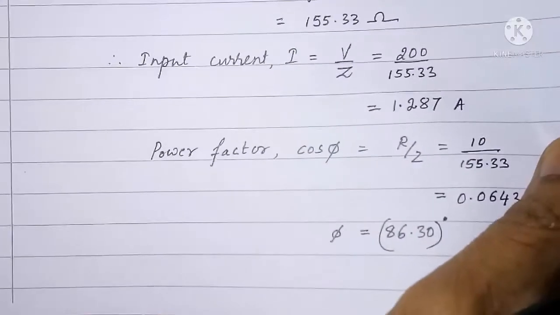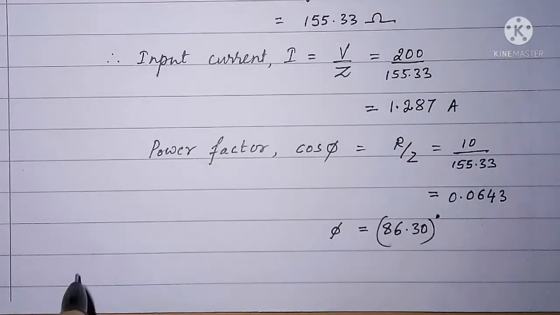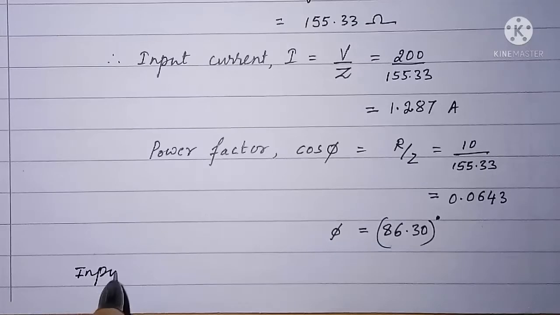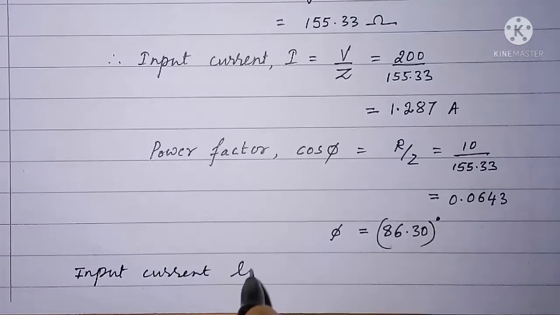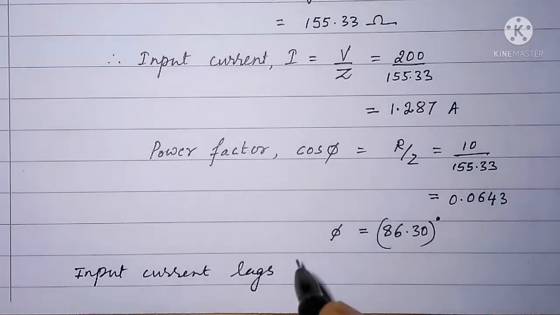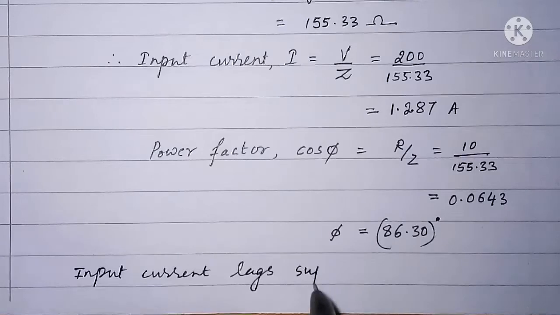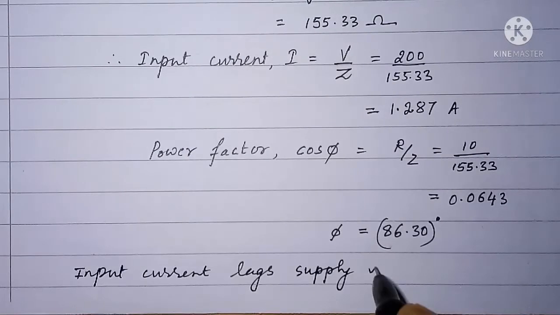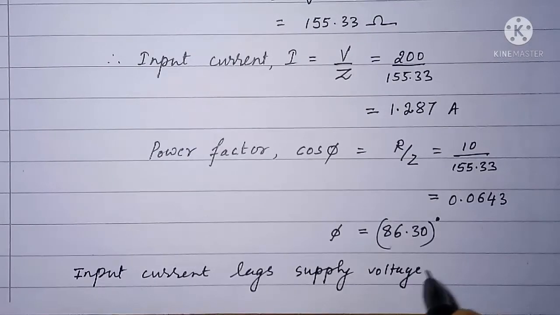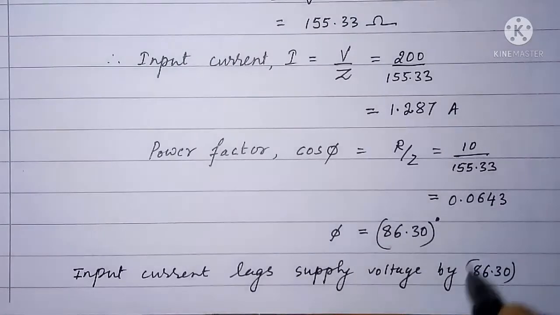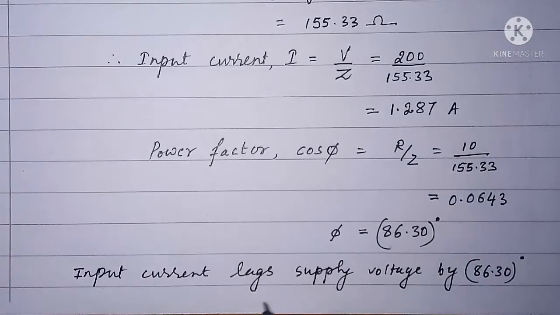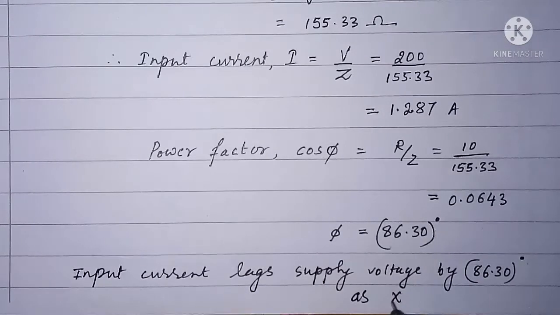So you can write here: input current lags supply voltage by 86.30 degrees, as XL is greater than XC.